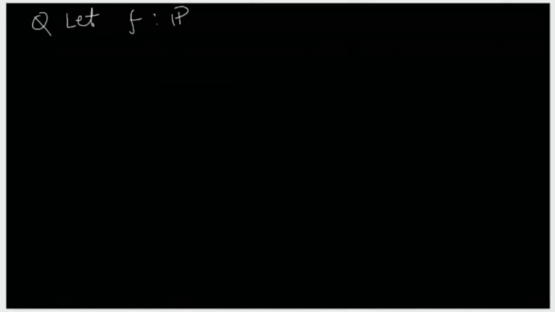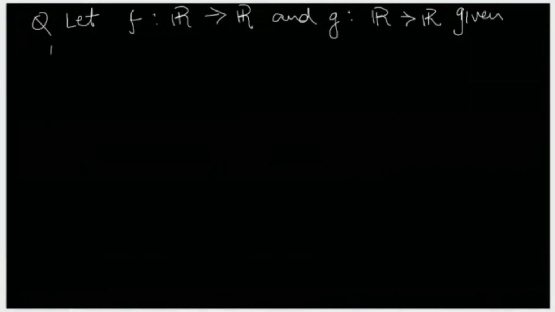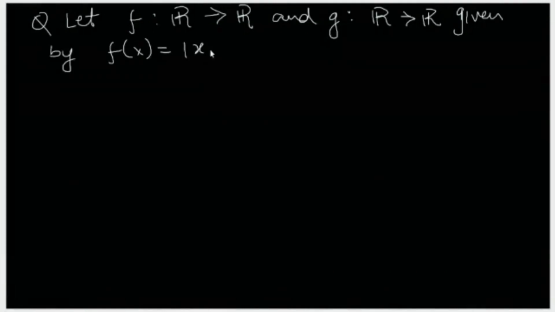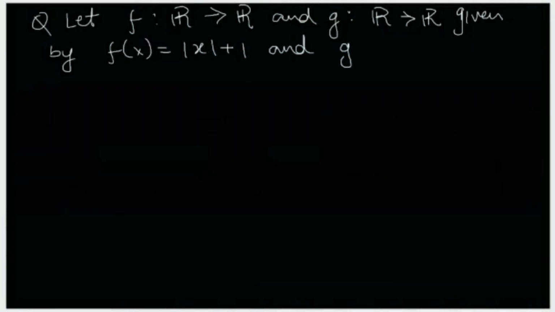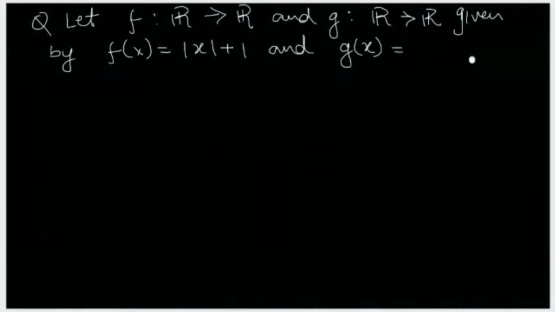It's pretty easy if you can do. So f is a function from R to R, given by f of x equals mod of x plus 1, and g of x equals x plus x squared plus 1.